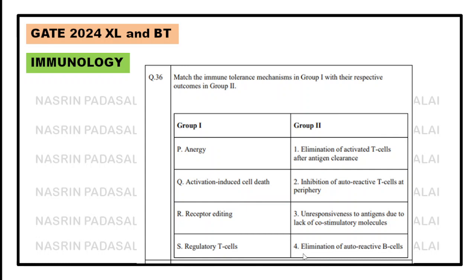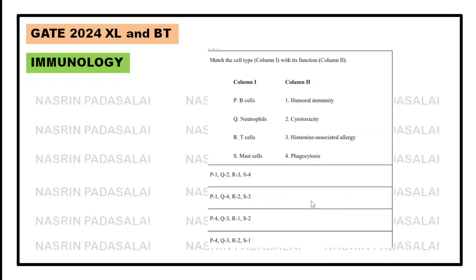Next is your regulatory T cell, in short called T reg. What is the role of this regulatory T cell? They inhibit the autoreactive T cells at the periphery itself. At the periphery, this regulatory T cell will inhibit the T cells that are autoreactive towards the host. Next question, match the cell type with their function.